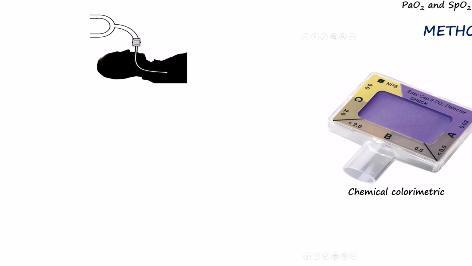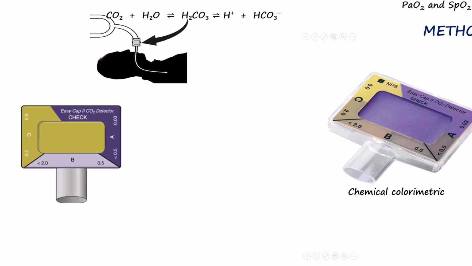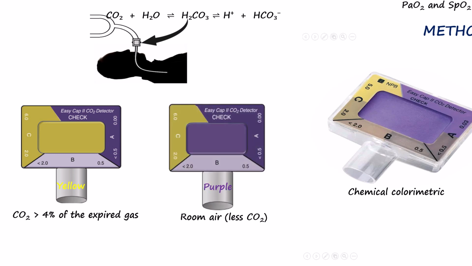It utilizes the principle that CO2 dissolves in water to form carbonic acid, which lowers the pH. The change in pH is reflected by the color changes of the indicator with each breath. It turns yellow when exposed to carbon dioxide concentrations of 4% or greater, and purple when exposed to room air, which contains little to no carbon dioxide.